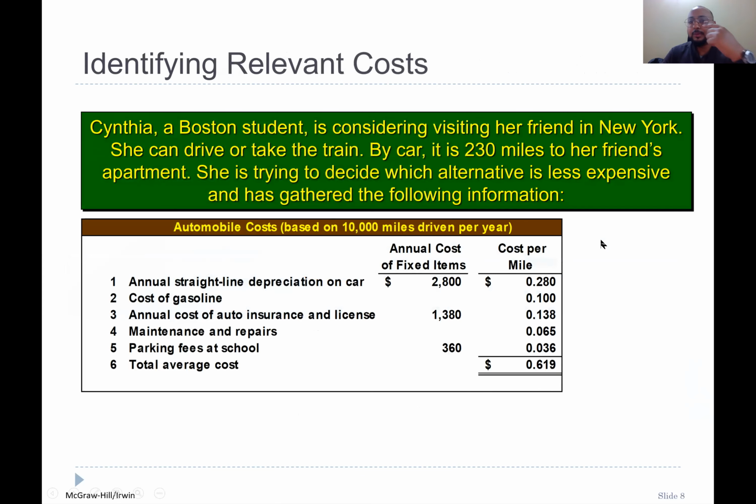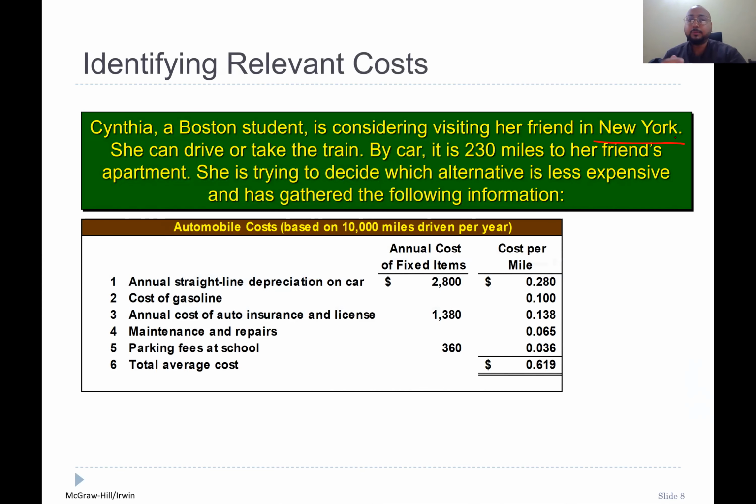So let's do this example here. It's a very common example. We already talked about this before as well, but now we will look at it from the relevant cost perspective. So we have your book example: Cynthia, a Boston student, is considering visiting her friend in New York. She can drive or take the train.